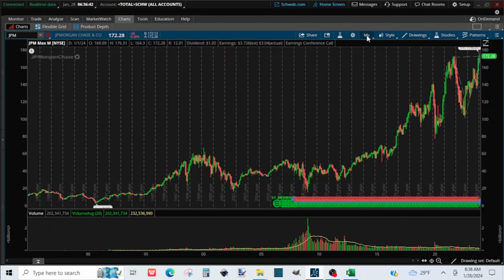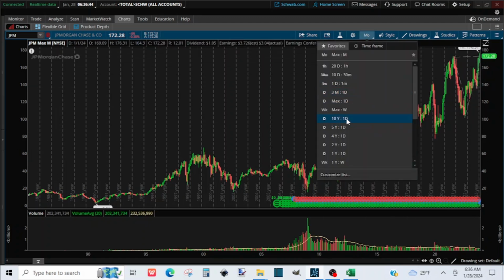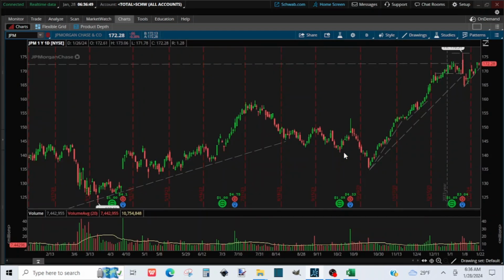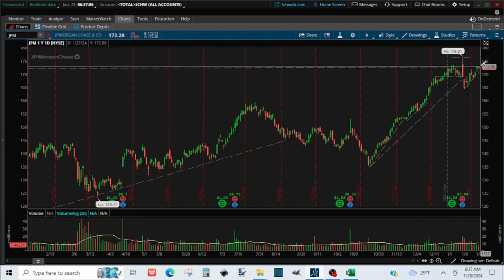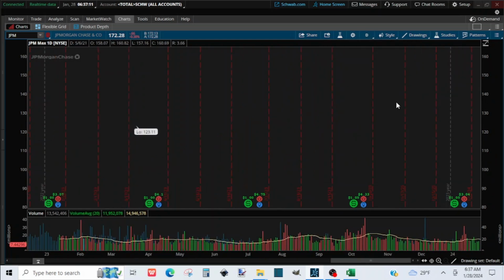So I'm going to go to my one year daily chart to compare where the price is to the 52 weeks low and 52 weeks high. So we are close to the 52 weeks high. That's where it fell off of the trend and started going up again. So I'm going to go back to my maximum daily chart.